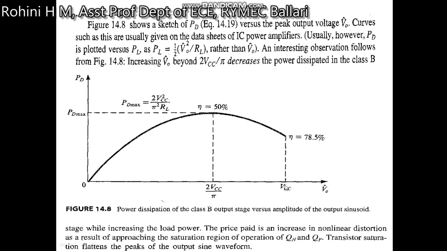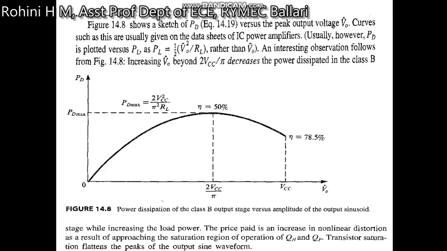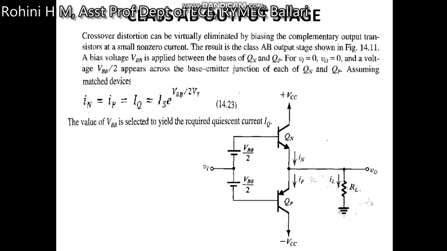At V out equal to VCC, we get the maximum efficiency of 78.5%. That is the power dissipation of the class B amplifier.